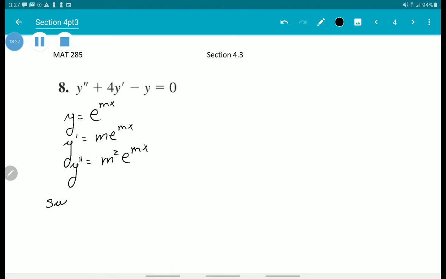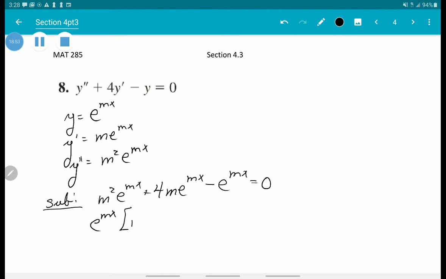So if we were to make those substitutions, we could factor out an e to the mx. That's going to leave us with m squared plus 4m minus 1.